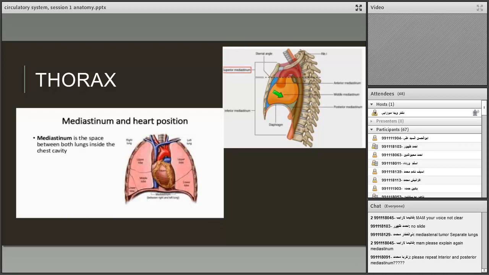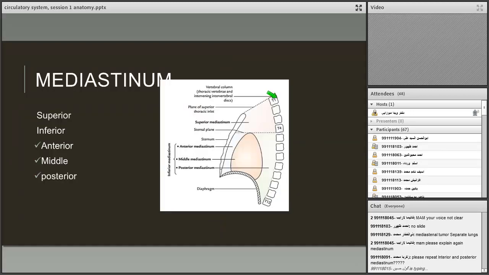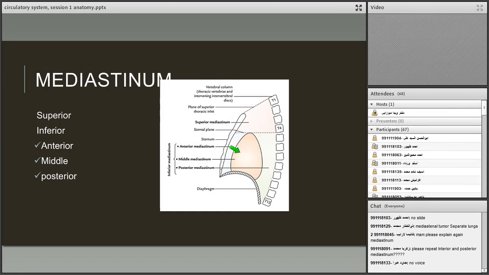The inferior mediastinum is divided into three parts: anterior mediastinum, middle mediastinum, and posterior mediastinum. The anterior mediastinum is between the heart and sternum.